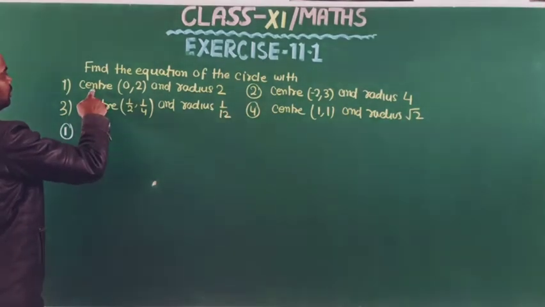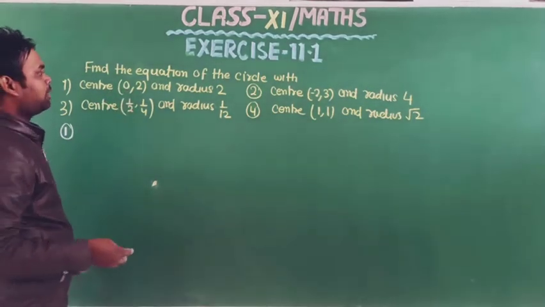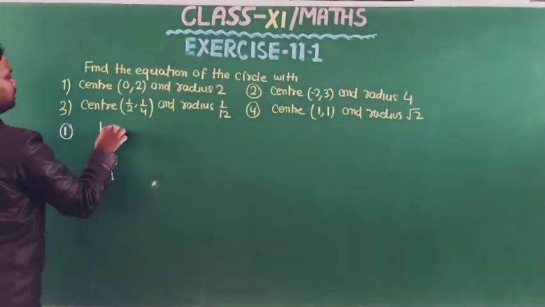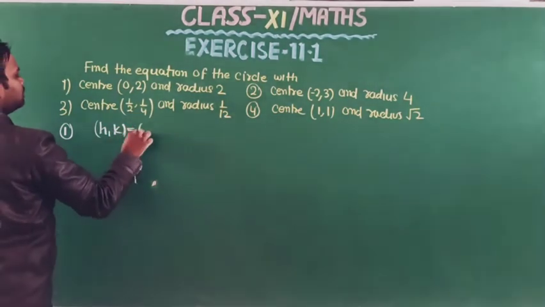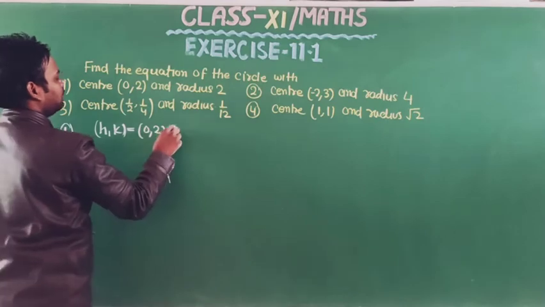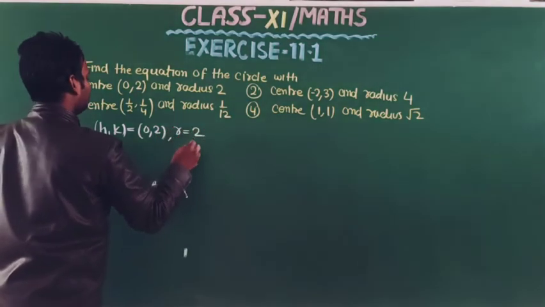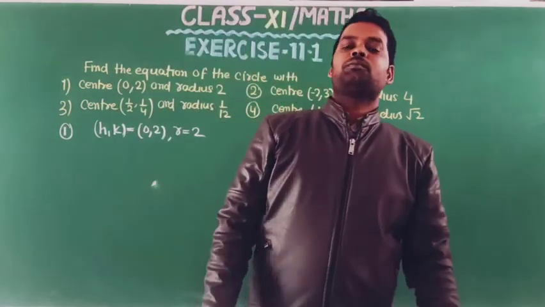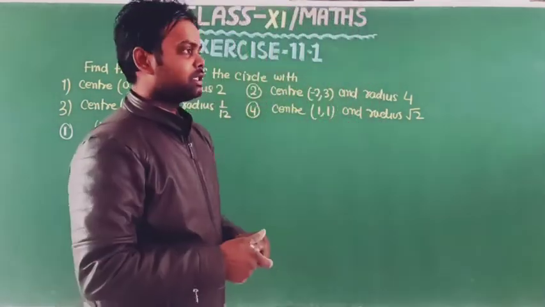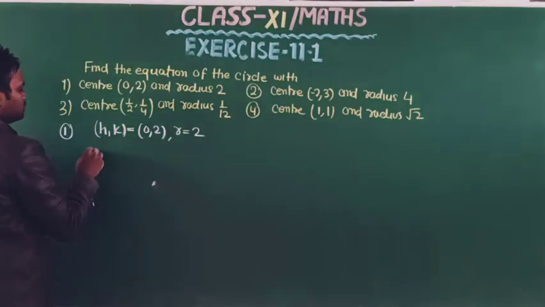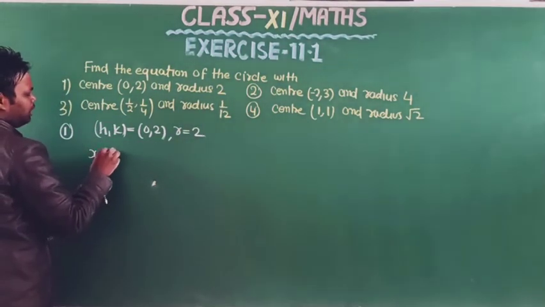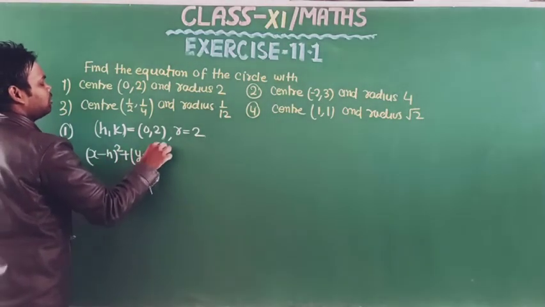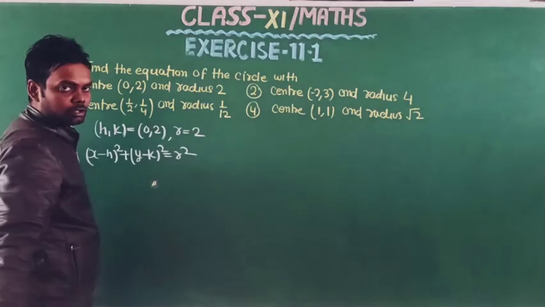Here center is (0, 2) and radius r equal to 2. So center (h, k) is given (0, 2) and radius r equal to 2. So we know the equation of circle with center (h, k) and radius r would be equal to (x minus h) whole square plus (y minus k) whole square equal to r square.